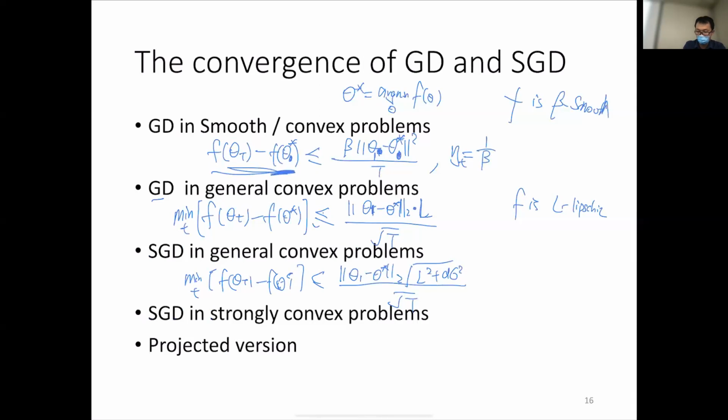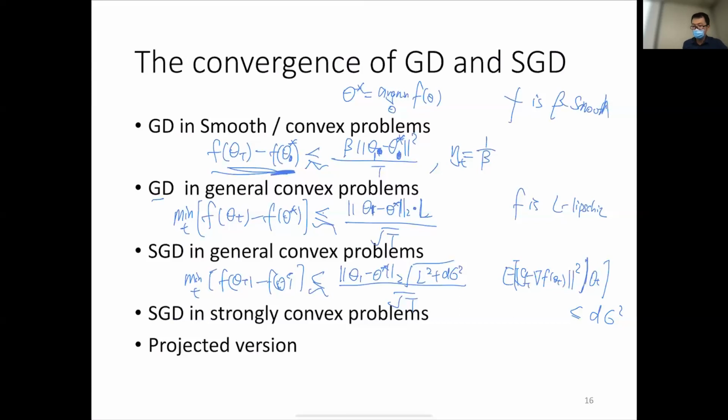All of this is up to a universal constant, sometimes a factor of 2 or a factor of 4. And recall where this sigma is coming from. This is saying that the stochastic gradient that you get in every iteration minus its expected value, which is the actual gradient, conditioned on theta t, is smaller than d times sigma square.